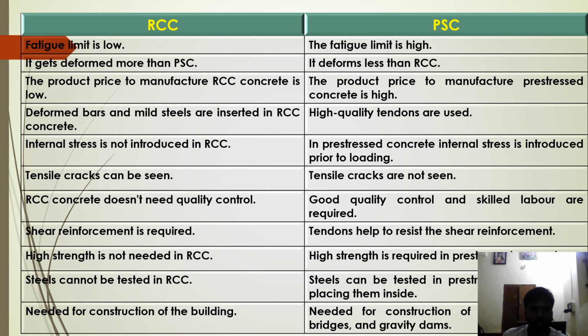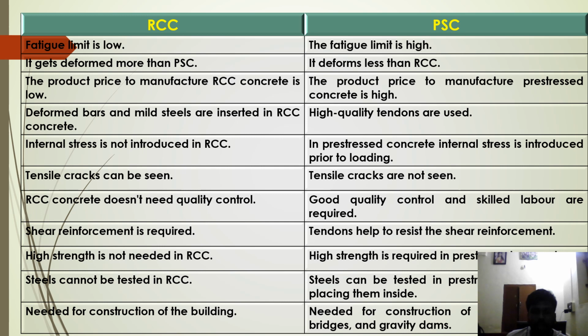RCC and PSC. The fatigue limit is low in RCC, the fatigue limit is high in PSC. RCC gets deformed more than PSC, PSC deforms less than RCC. The production cost of RCC is low, the production cost of PSC is high.